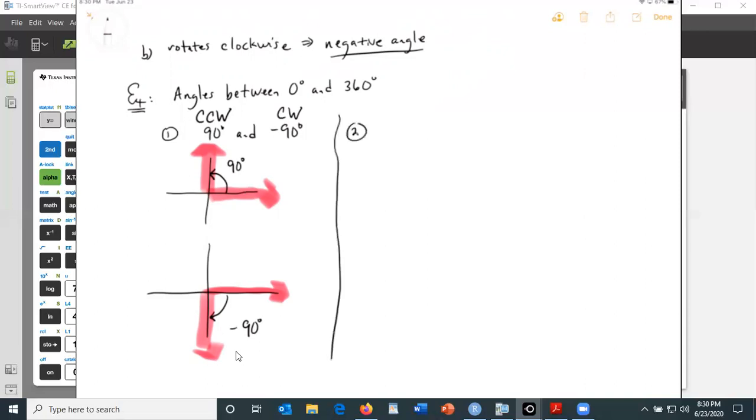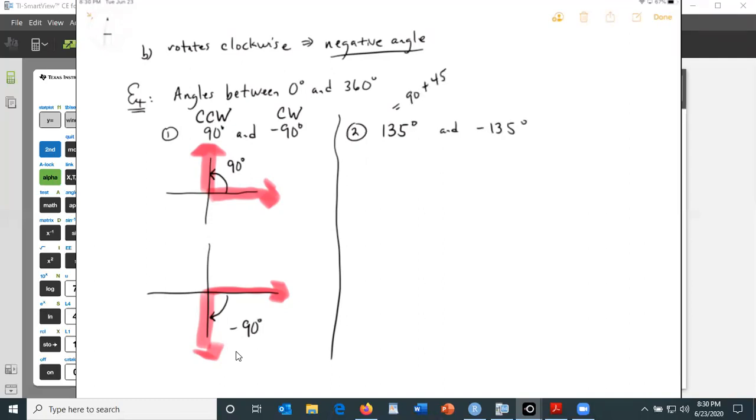All right, let's try another one. Let's do 135 degrees and negative 135 degrees. The one thing I always try to do is break up larger angle numbers in increments of 90, because I know what 90 looks like. 90 looks like a corner. So think of 135 as a 90-degree angle plus a little bit more, 45 degrees.